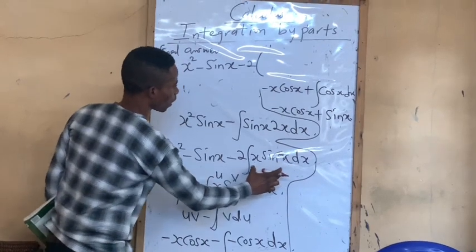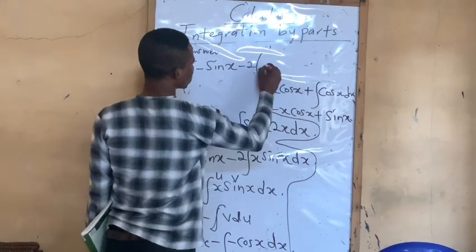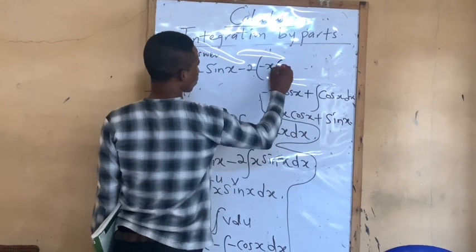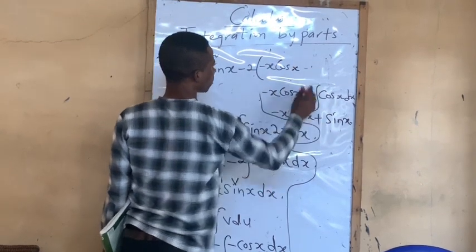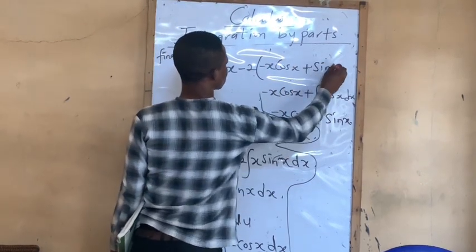I got this, open a bracket, minus x cos x plus sine x.